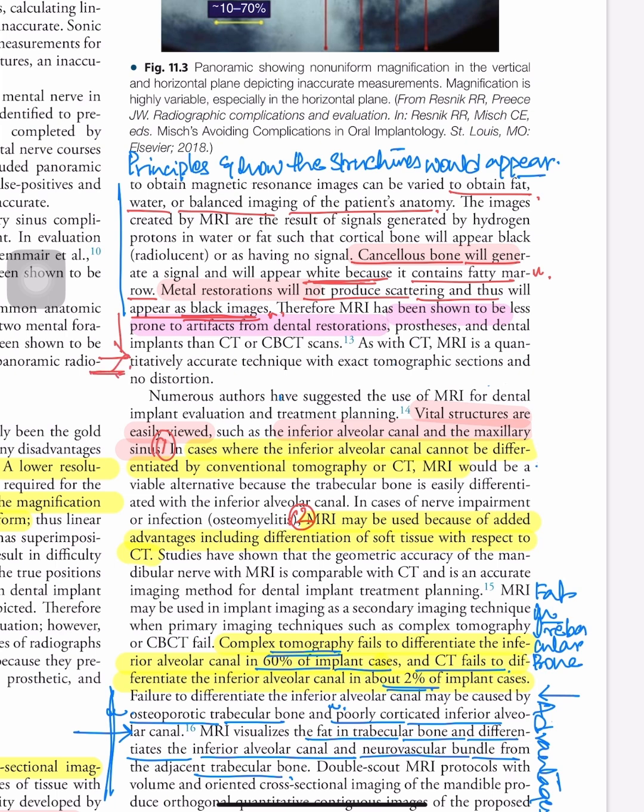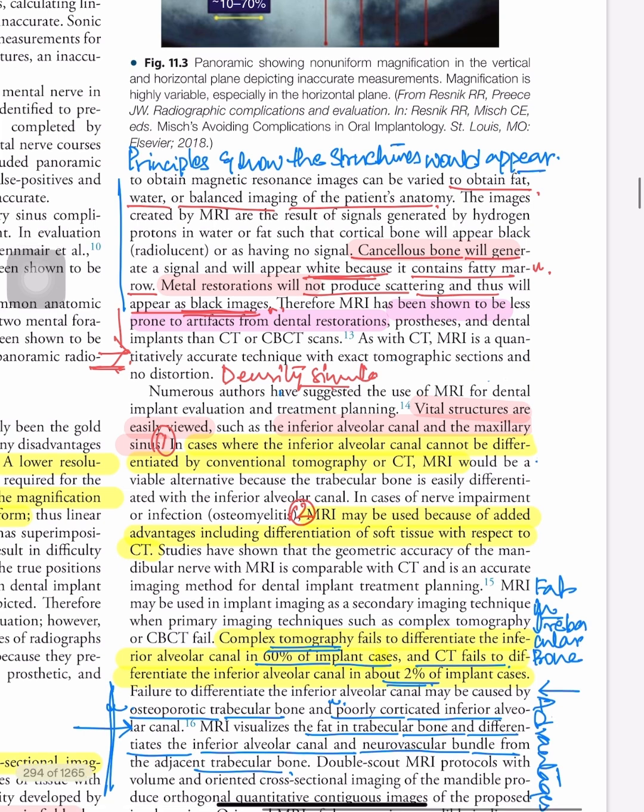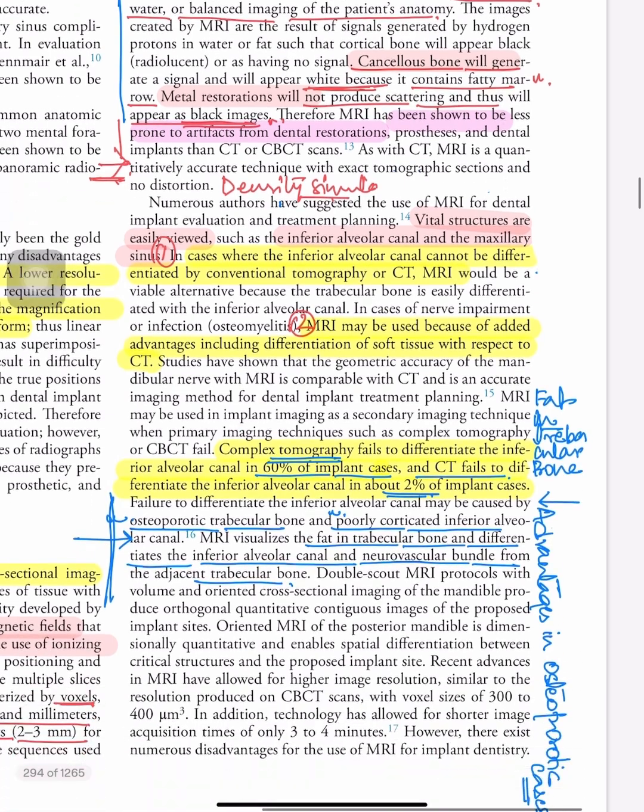Another advantage is that if in a cone beam CT you are not able to identify the mental nerve, particularly because the mental nerve and the trabecular bone have the same density, and if the density is similar, it would be difficult to identify on the conventional cone beam CT.